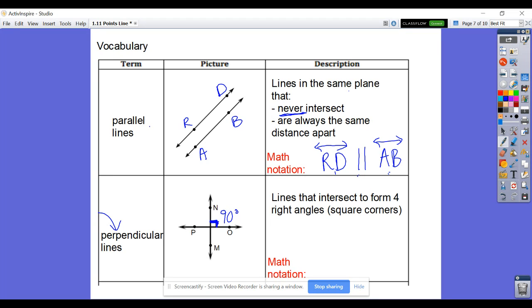And of course, mathematicians have a way to write that too. So if we wanted to say line PO is perpendicular, it's almost like an upside down T, is perpendicular to line NM, it would look like this. You are going to be applying these vocabulary terms as you learn more about geometry and practice using geometry.